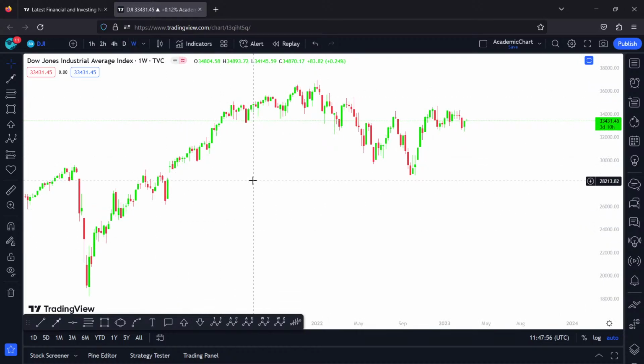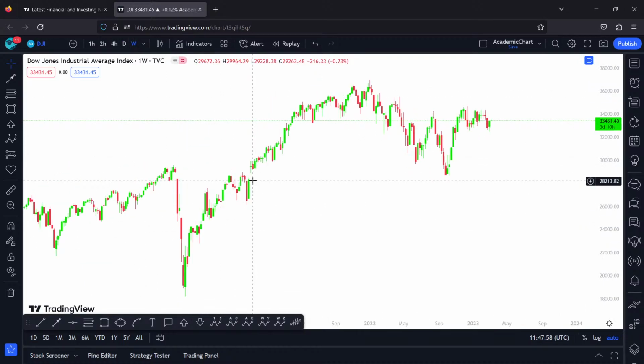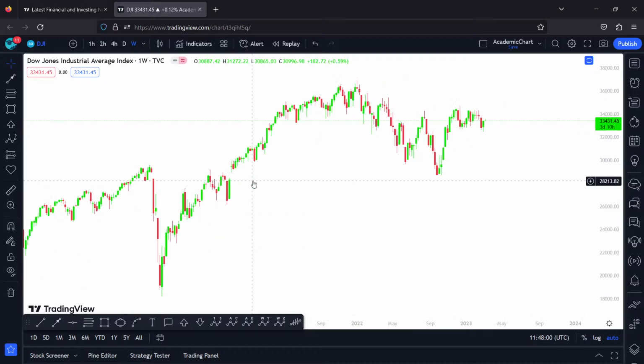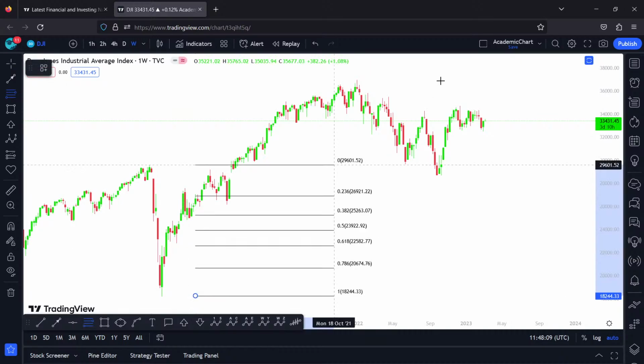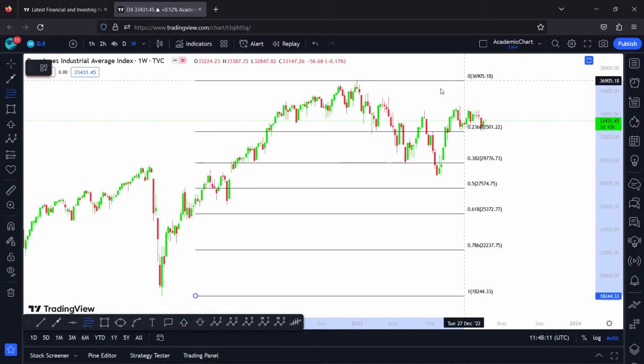Starting with a clean chart as always, not zooming out a lot for weekly, just the last few waves. I can see an uptrend and a downtrend here. So let's see until which level this has been done, because I can see after reaching out, it just reversed.